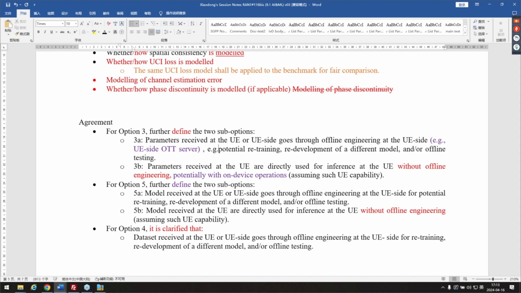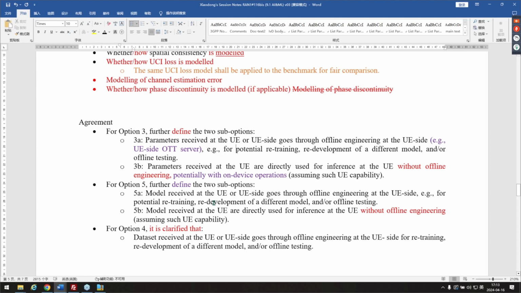Comma, for example, for potential, blah, blah. And also apply the same change for the 5A. Yeah, before 4, that's it. And also for option 4. Yeah, thanks.